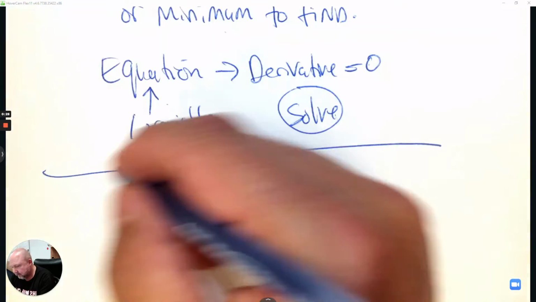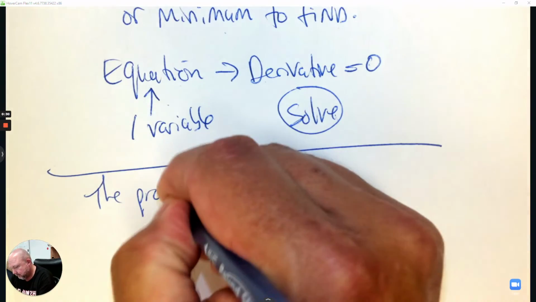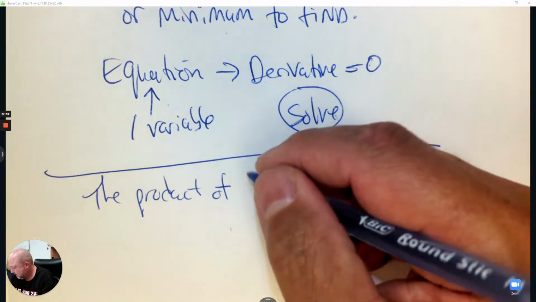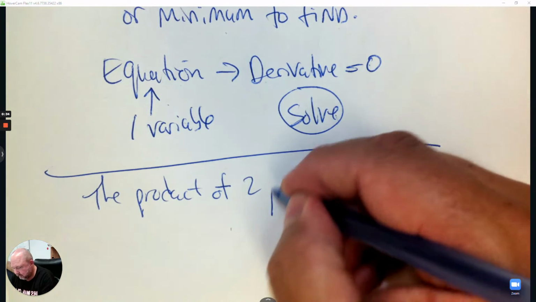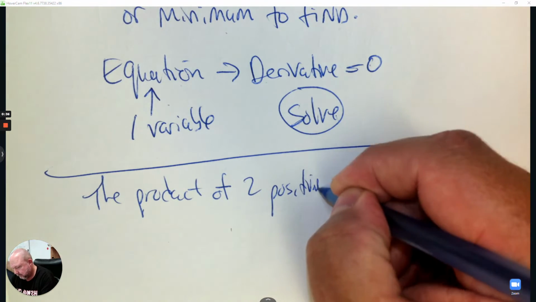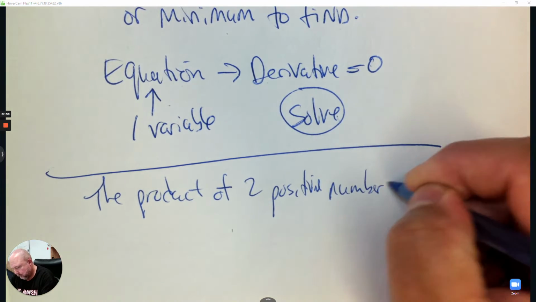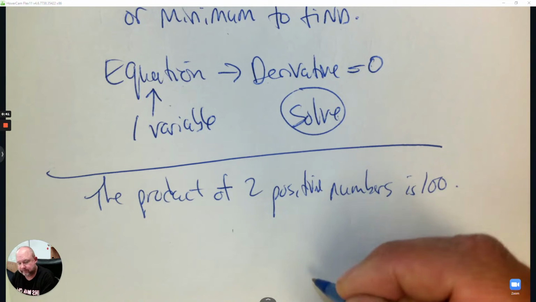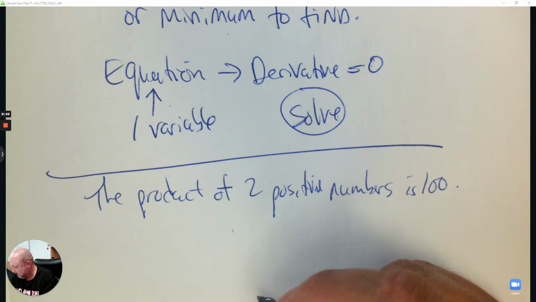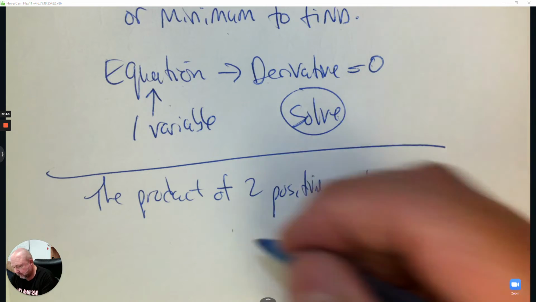All right, so the product of two positive numbers is 100. Find the two numbers so that the sum is as small as possible.